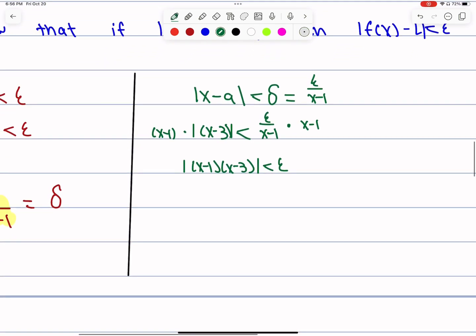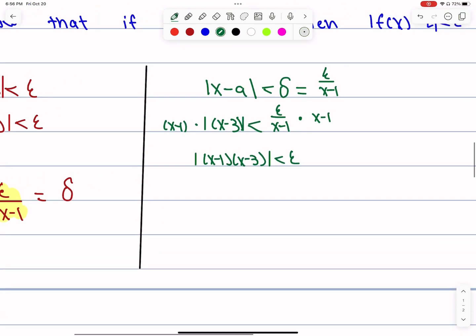Now, we can FOIL x minus 1 and x minus 3. That leaves us with the absolute value of x squared minus 3x minus x plus 3, absolute value, of course, can't forget that, is less than epsilon.